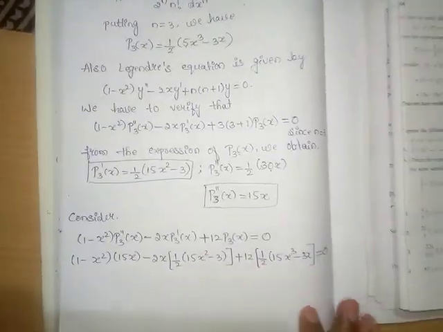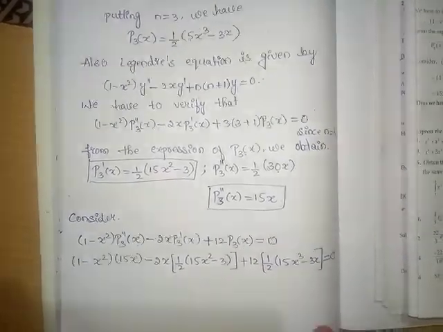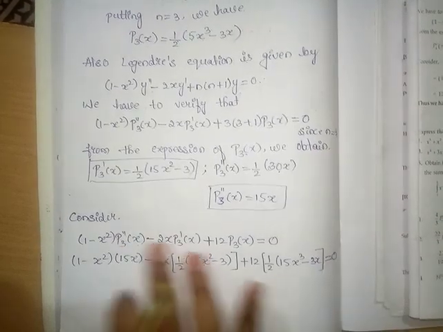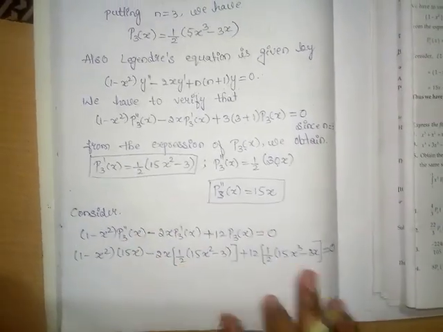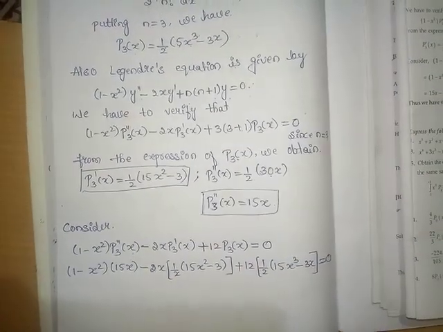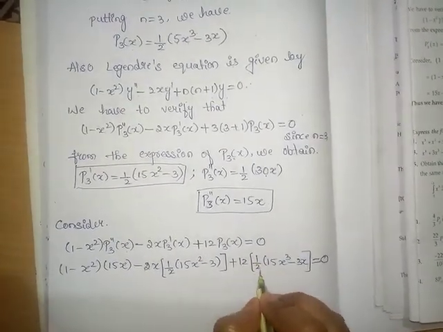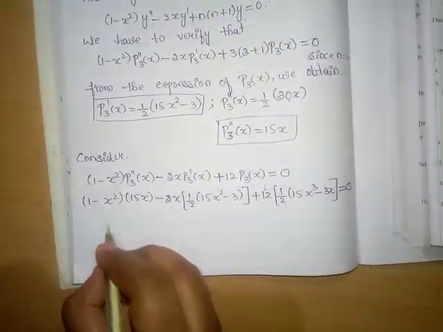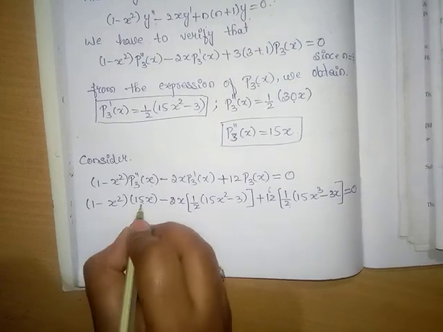I am substituting P3 double dash of x, P3 dash of x and P3 of x in here. We get this one. Now simplify one by one. This 2 cancels with this 2, and this is 2 1s are 2, 6s are. Simplify term by term.